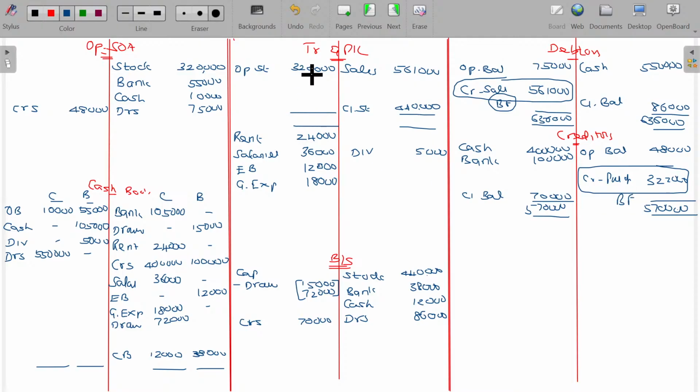This will go to the trading account debit side, purchases. The value being 3,22,000.